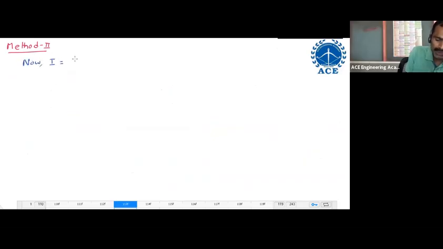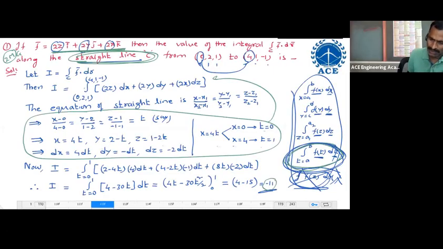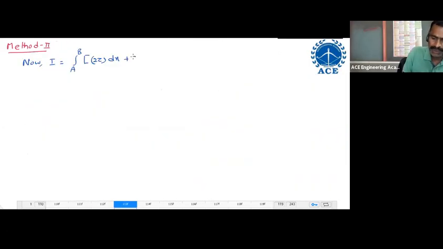Now I equals integral a to b, 2z dx plus 2y dy plus 2x dz.